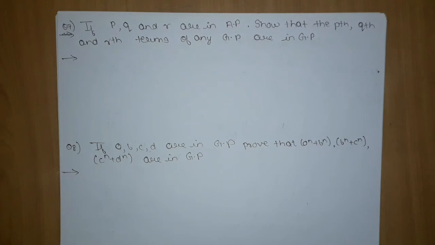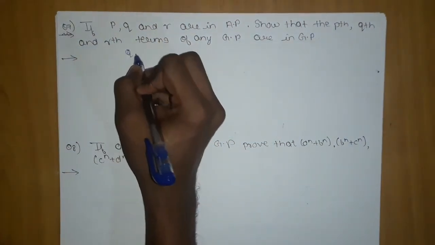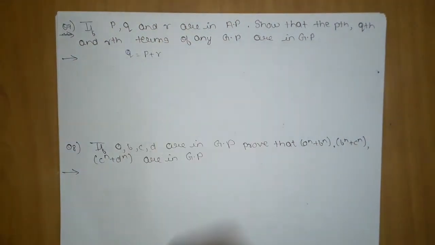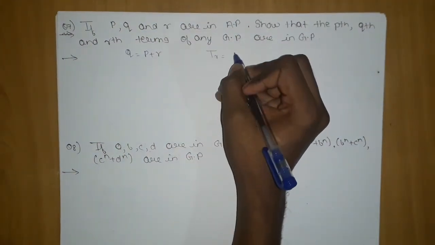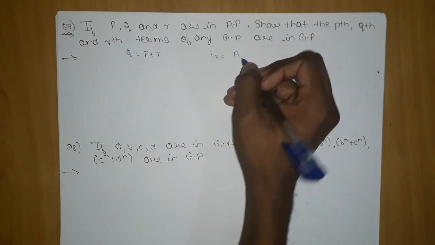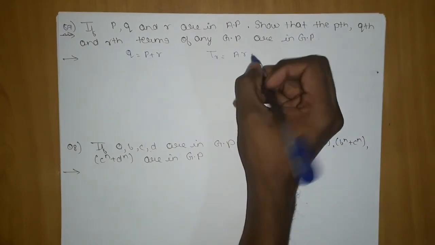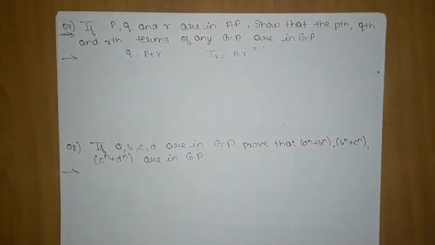So let's assume that it is a GP. Pth, Qth and Rth terms are in a GP. So one thing I can write is that Q is equal to P plus R over 2. That I can surely write. So the Rth term, TR, is nothing but A into R power R minus 1.